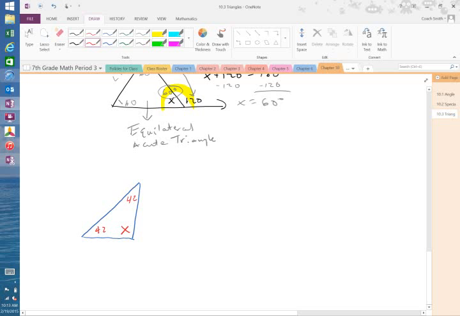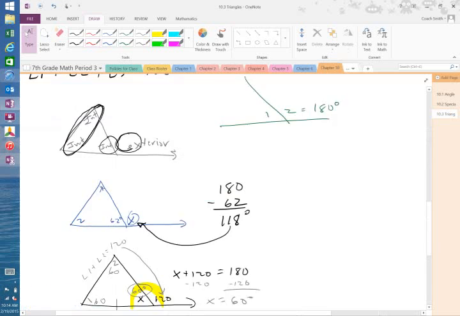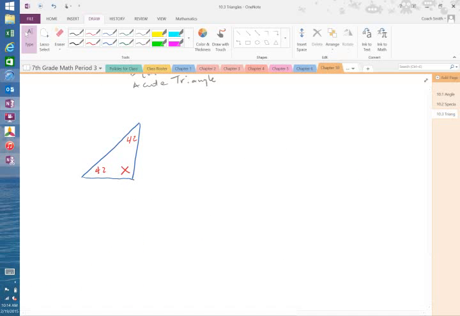All right, now, what would be the measurement of that angle? 96. It's 96 because you take 42 plus 42 plus the x. It all has to equal 180 degrees.